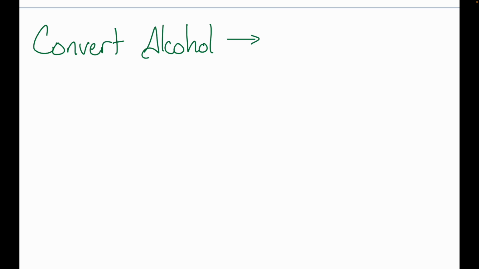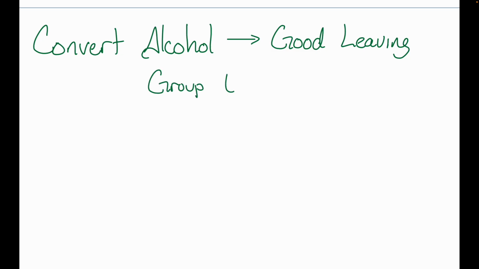All right, we're going to have another strategy to convert our alcohols into good leaving groups using what's called tosyl chloride.